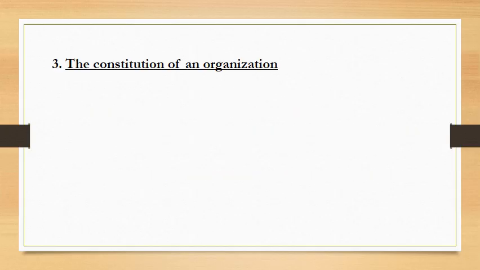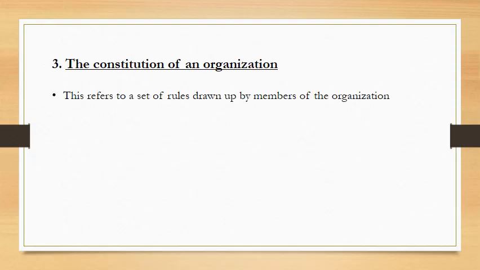Thirdly, we have to look at the constitution of an organization. Now, when an organization is established, people get together and they decide on the rules of the organization: how you can become a member, what happens if you break the rules, what you must do if you don't want to be a member anymore, if there's any monies involved, what you have to pay to be part of this organization. These are drawn up by members of the organization itself.